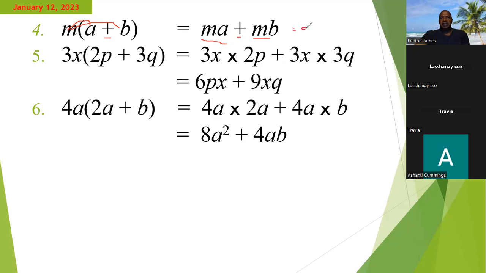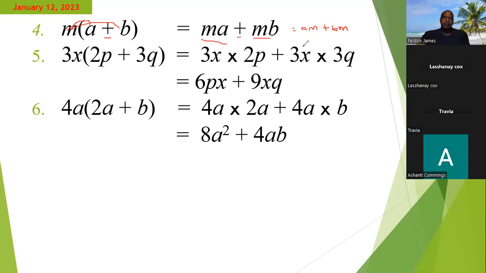So we would have am plus bm. That's how we normally write our results. We practice writing these letters in alphabetical order, and what we practice, we call a convention.